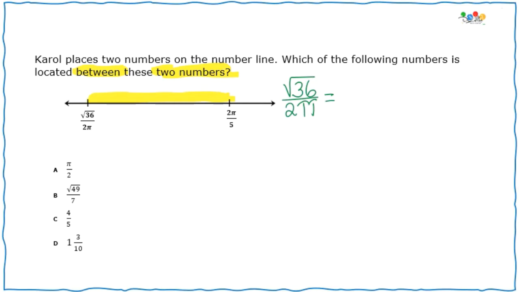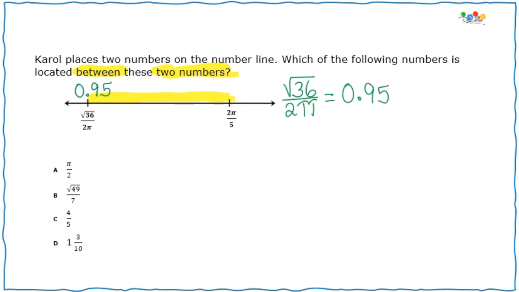You gotta practice on the calculator, remember? So the next thing is to write down the equivalent, which is 0.95. I will write down the number right above my square root of 36 over 2 pi on the number line.